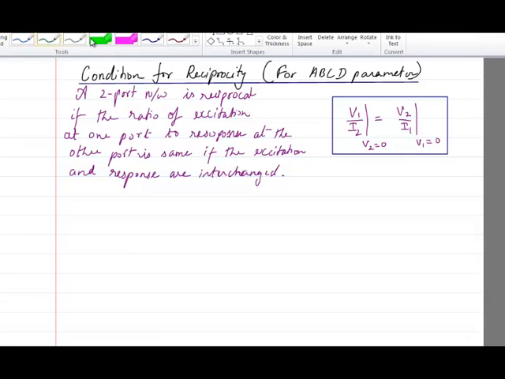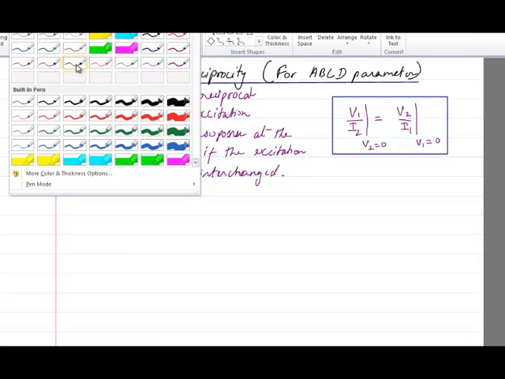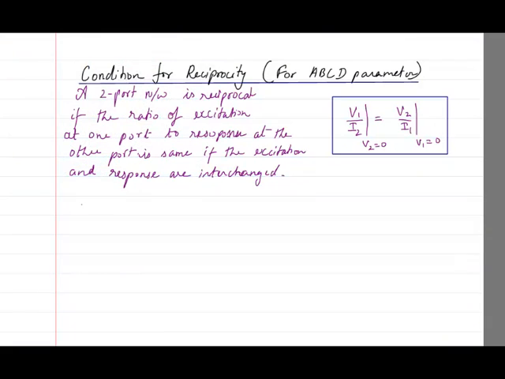How do we find out the condition? We know the ABCD parameter. I am always writing it as ABCD parameter because that is most commonly used. The ABCD parameter basically gives the relationship between the input and the output.